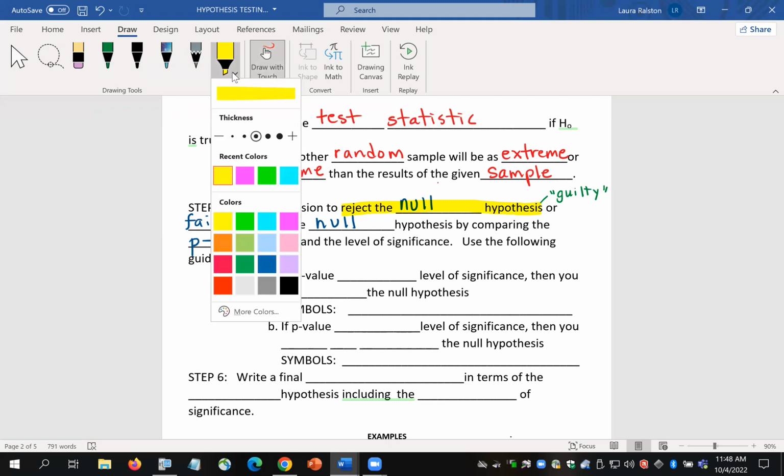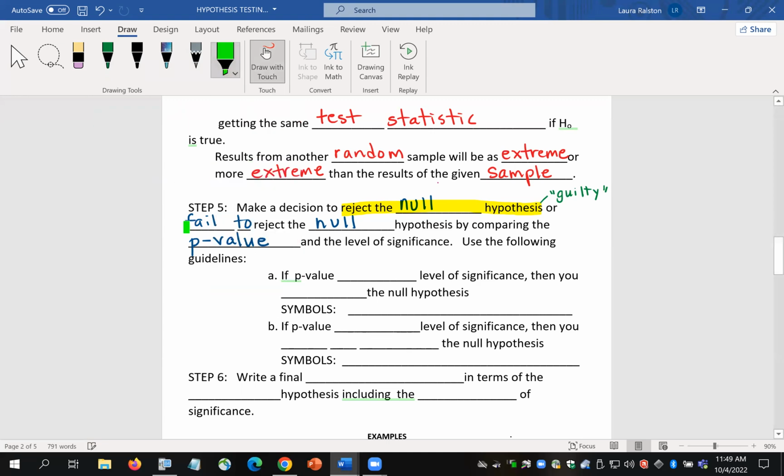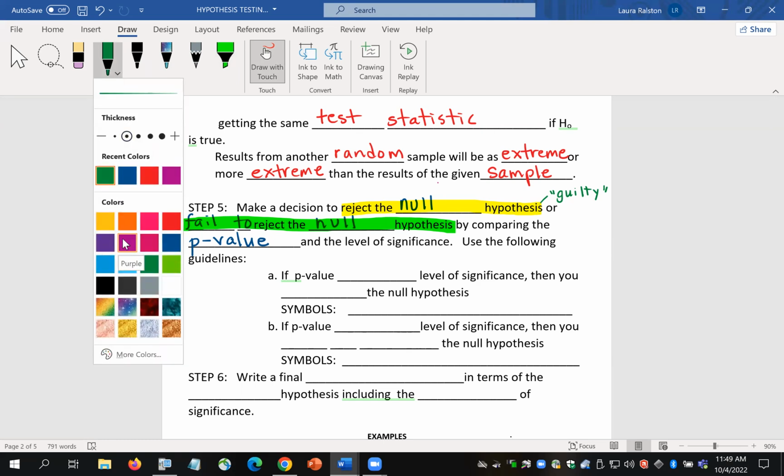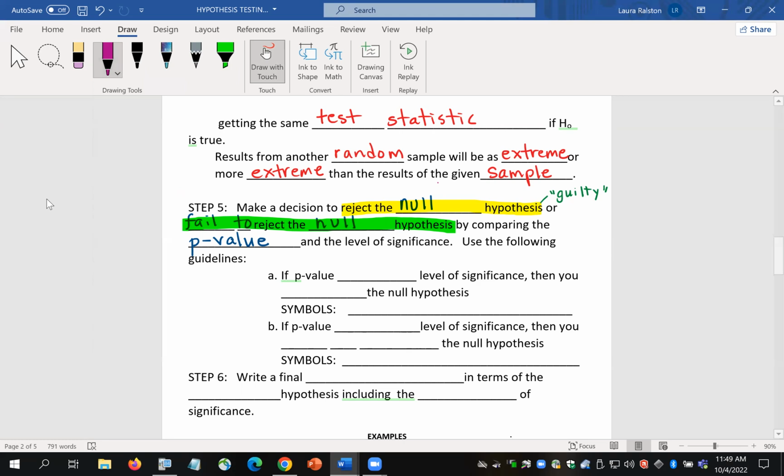The other one here, notice it's fail to reject the null hypothesis. Notice that we should not ever use the phrase that we accept the null hypothesis. Okay. Again, think about it in terms of a court case. We come back and we report they're either guilty or not guilty. We do not say they're innocent.